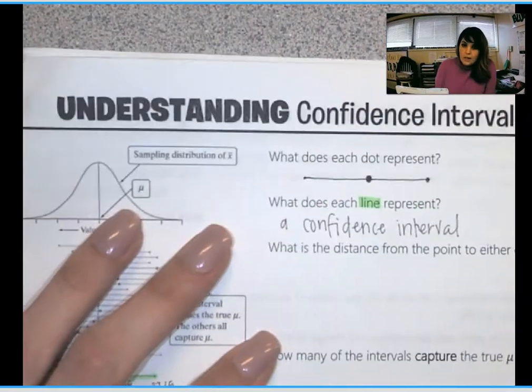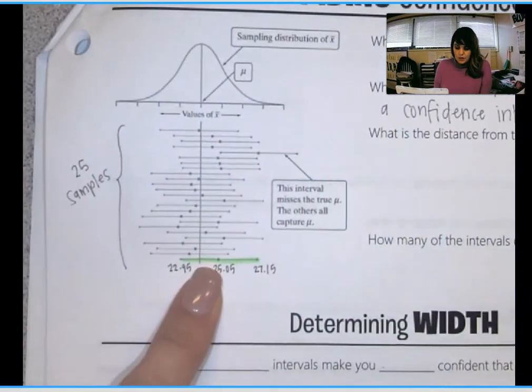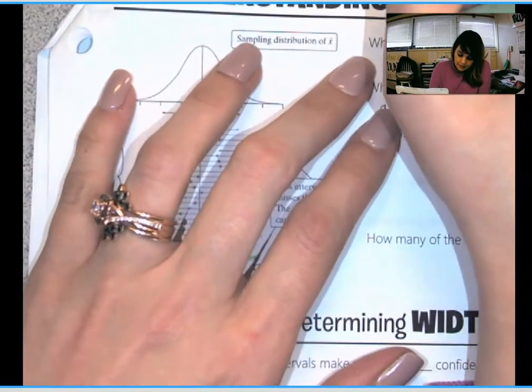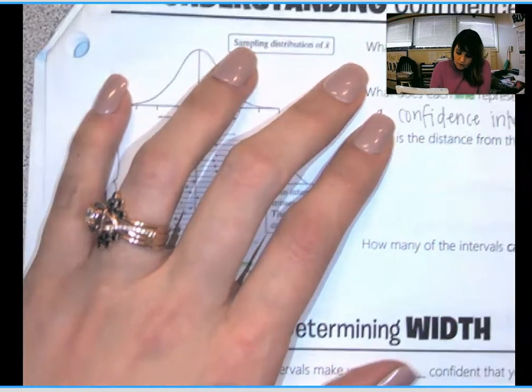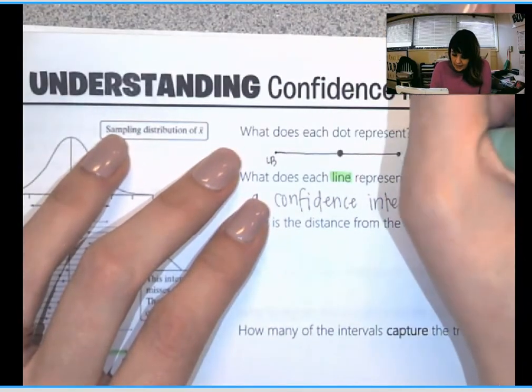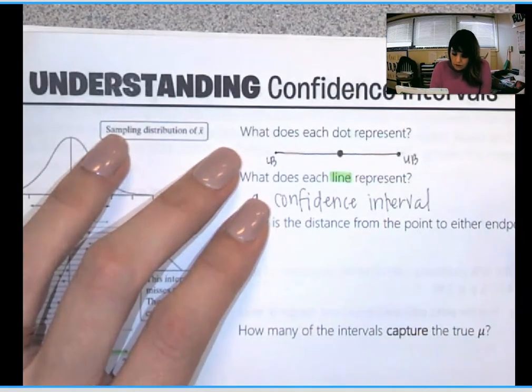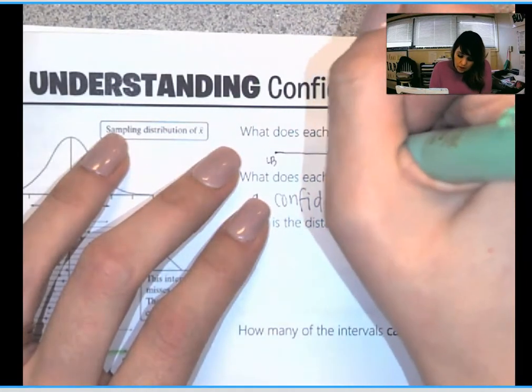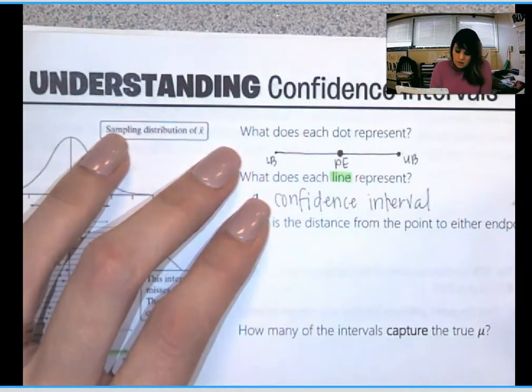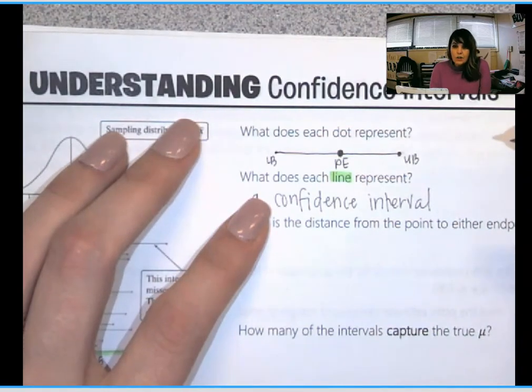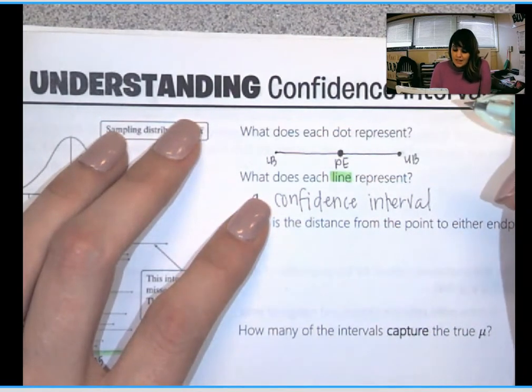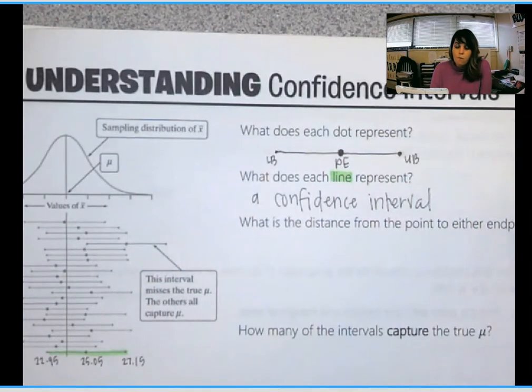Because I had us label this one, we know that the left side is the lower bound, the right side is the upper bound, and the middle dot is our point estimate. In this case, it was our X bar. So your confidence interval is centered on your sample value.